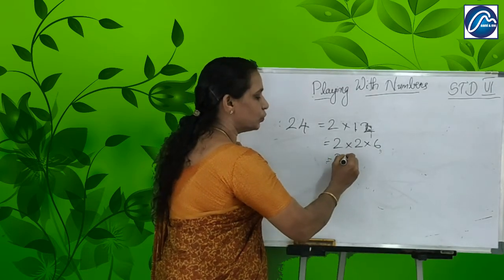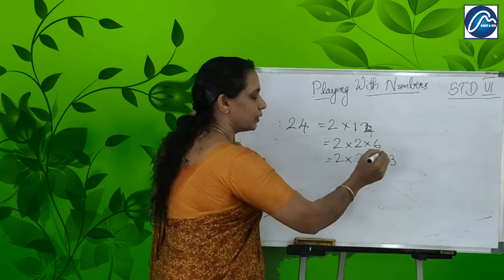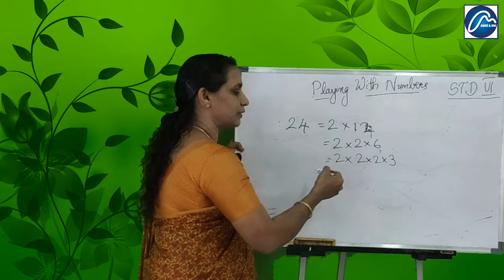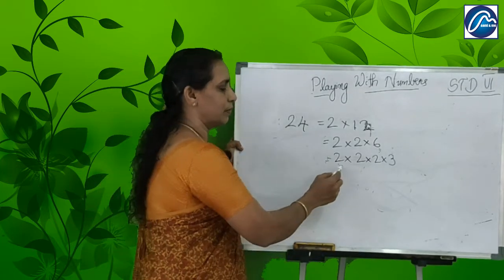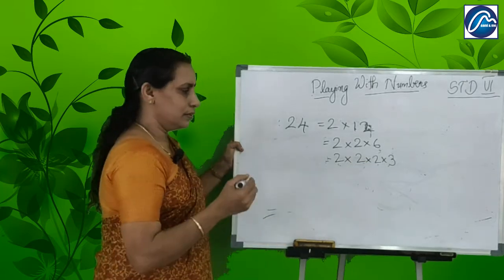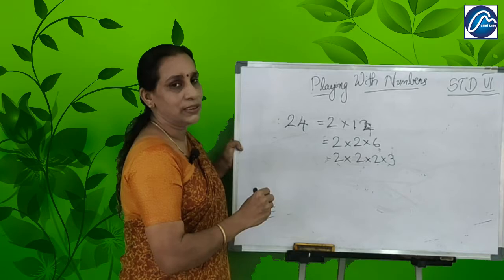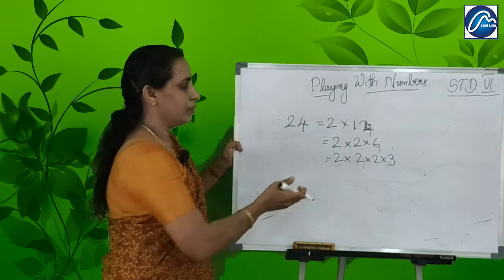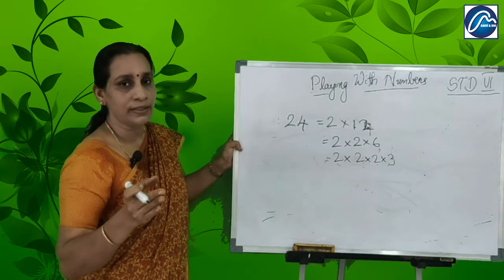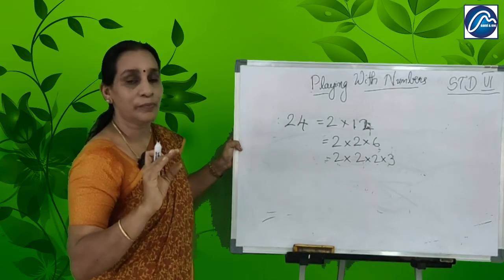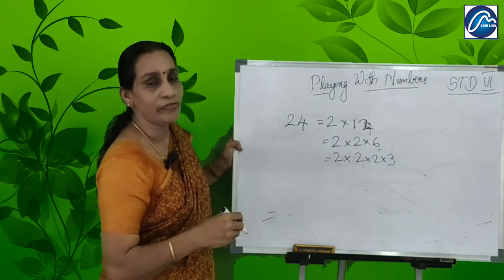That means 2 into 2 into 6, and 6 is 2 into 3. Can we factorize these numbers still? No. These have no factors. These are prime numbers. Such factorization is known as prime factorization. That means at the end of the factorization, we get all prime factors, prime numbers. So, this is known as prime factorization.